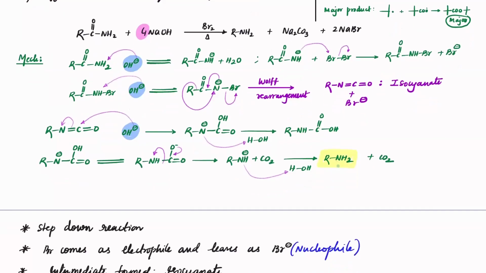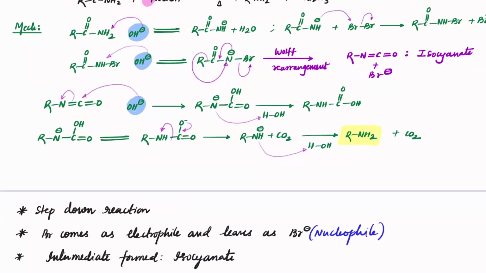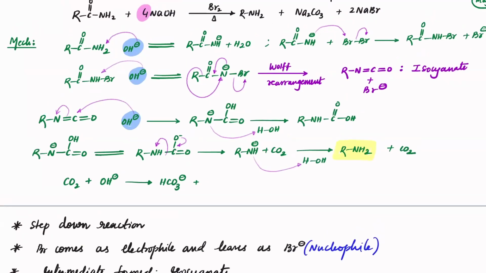And last time, basically, this CO2 which is formed here, I can use OH minus one more time to get HCO3 minus. Have you noticed this OH minus is already released from water here?